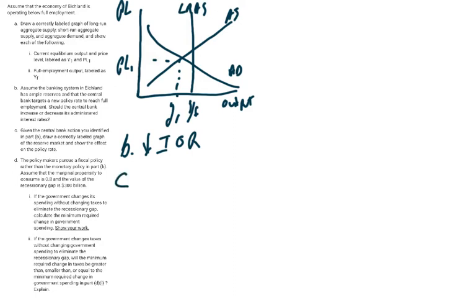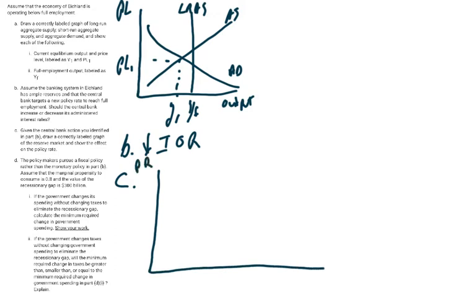All right, so C says, given the central bank action you identified in Part B, draw a correctly labeled graph of the reserve market and show the effect on the policy rate. Okay, we can do this also. We just learned this graph, right?